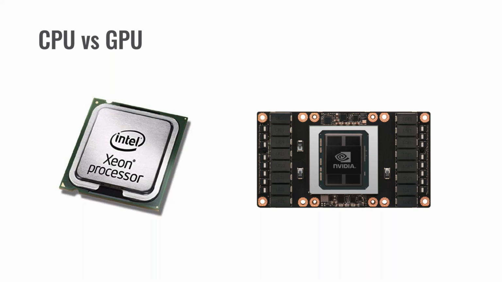When we combine these two, it forms a lethal combination and gives us a very powerful environment to not only deal with complex software, but also perform high performance computing, or basically run high performance workloads.